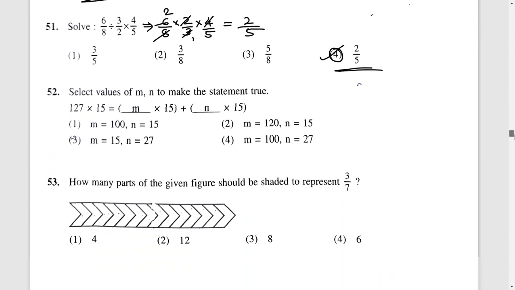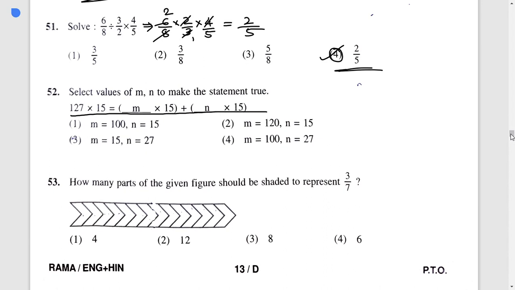Now question number 52. Select values of m and n to make the statement true. So they have given this statement, that is 127 into 15 is equal to m into 15 plus n into 15. So I will take 15 as common here, so it will be m plus n.